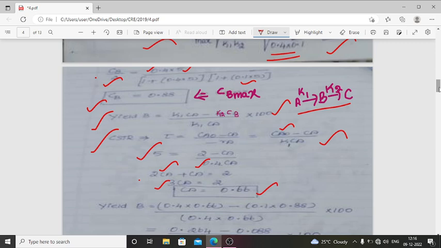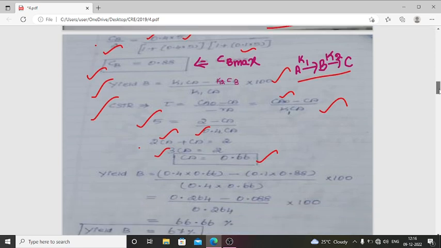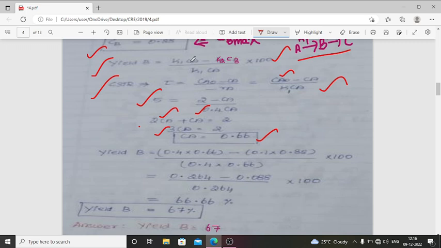Substitute in the yield of B expression. K1 into Ca minus K2 into Cb is the numerator part. K1 is 0.4, Ca is the calculated value 0.66, minus K2 is the given data 0.1, Cb is 0.88. The denominator term is K1 into Ca, K1 is 0.4, Ca is 0.66, into 100.